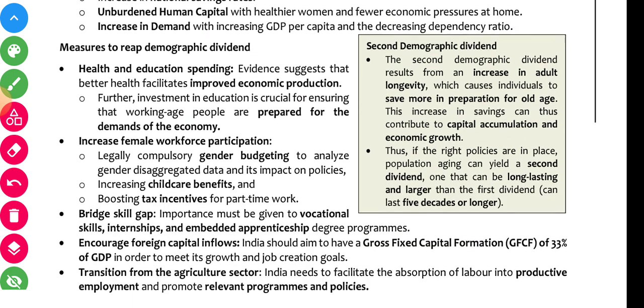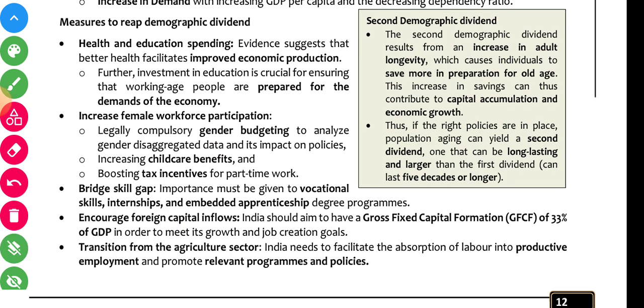What are the measures to reap demographic dividend? Health and education spending for improved economic production and to prepare for the demands of the economy. Increase female workforce participation. Gender budgeting should be increased. Child benefits increase. Tax incentives for part-time work. Bridging the skill gap should be strengthened for vocational skills, internships and embedded apprenticeship degree programs.